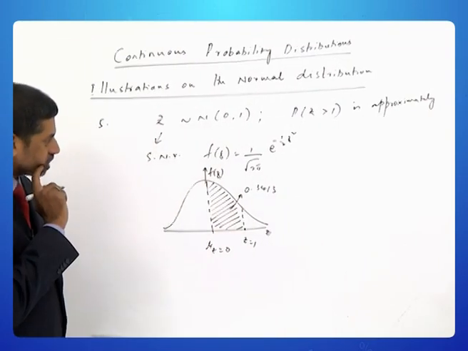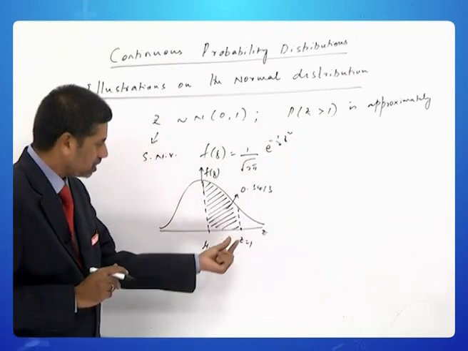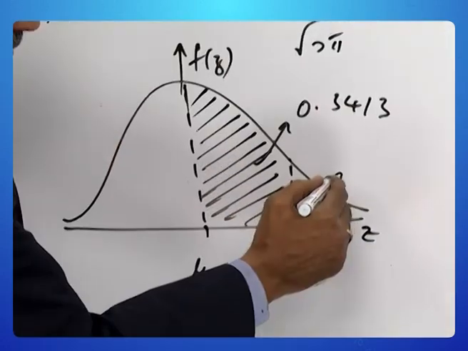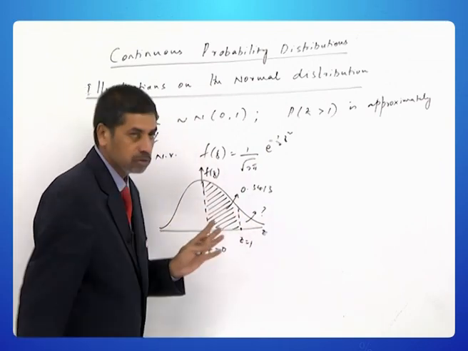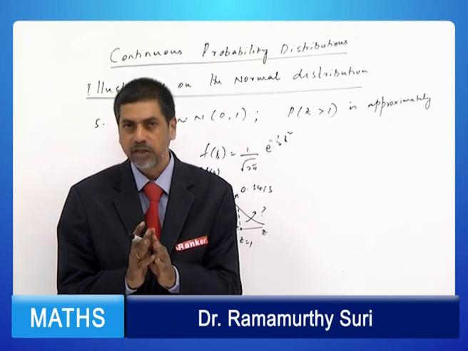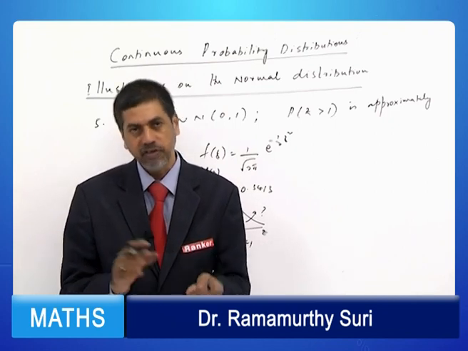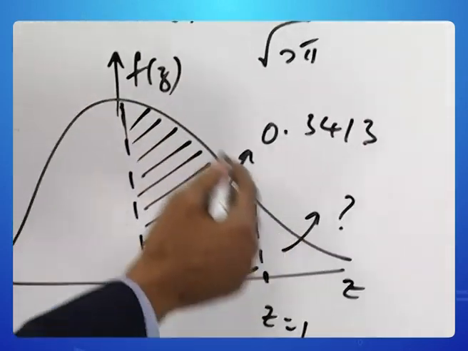So now the question is, how much is the probability that z exceeds 1? So that means this is the required area. We know because this is a symmetric distribution, the total probability of 1 is exactly divided by the mean into 0.5 each. So this total area is 0.5.